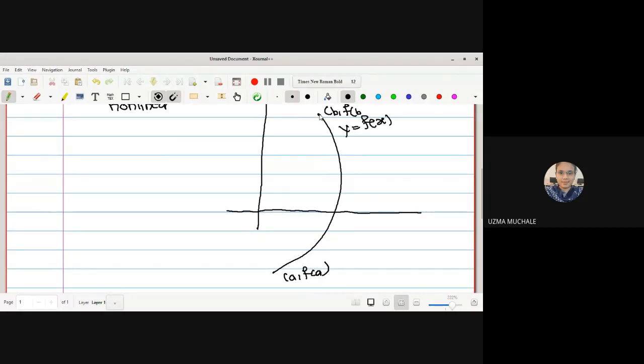Now what we have to do is draw the line joining these 2 points, b, f of b and a, f of a. The exact root of the equation will lie here, where you get the value 0. f of that corresponding number zeta will be 0 because the y coordinate is 0.